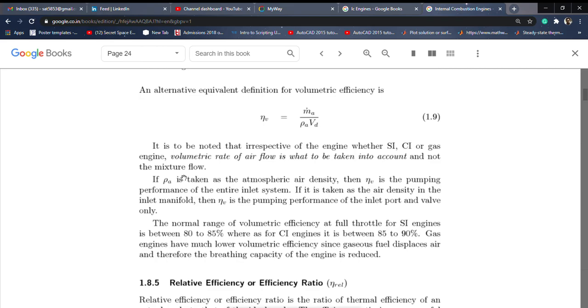We have to take only the air flow rate, because in an SI engine an air and fuel mixture will come, and we have to exclude the fuel when we measure the volumetric efficiency, so we consider only the volumetric flow rate of air, okay.